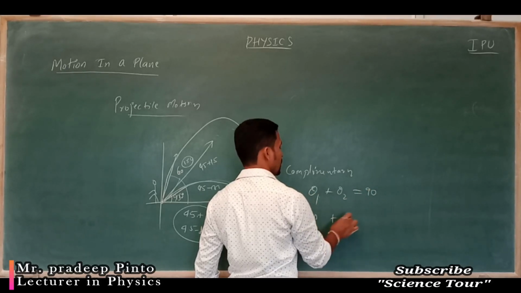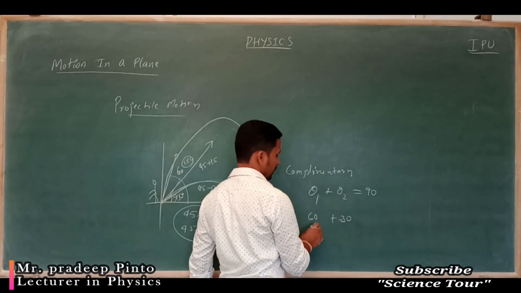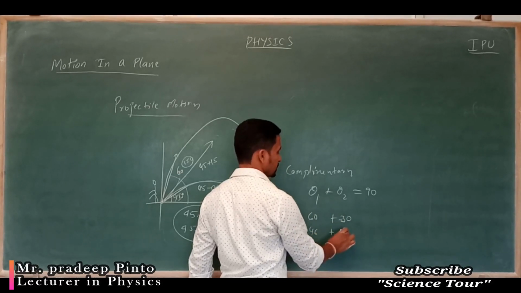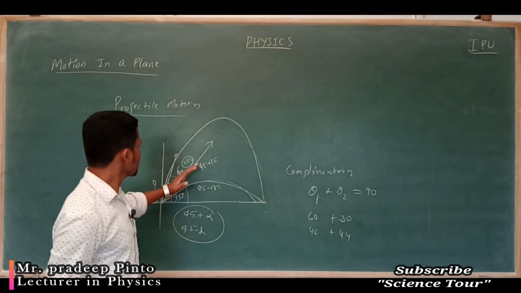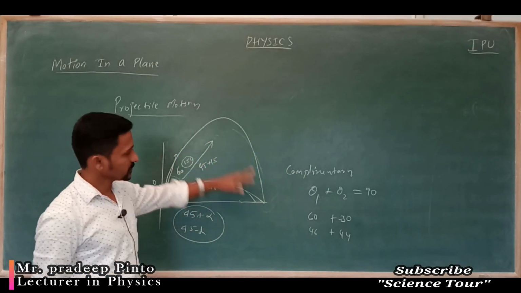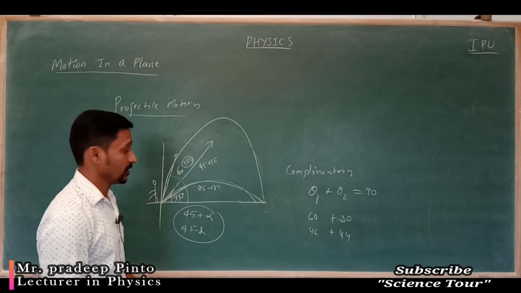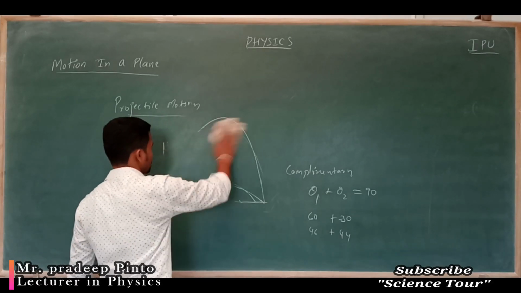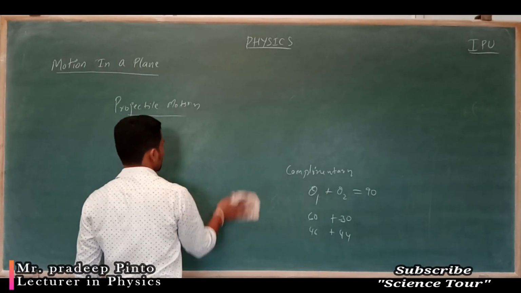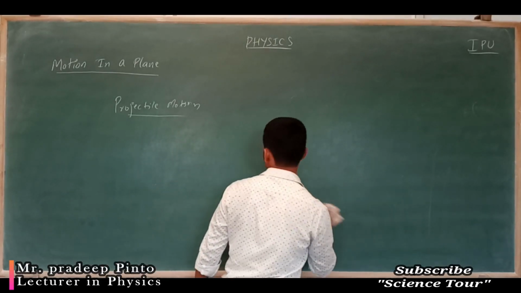For example, 60 plus 30, or for example 46 plus 44. Whatever the increase here, you are going to get the same. You can practice and check also. If the angles are 45 plus alpha and 45 minus alpha, the range will be the same for these angles.